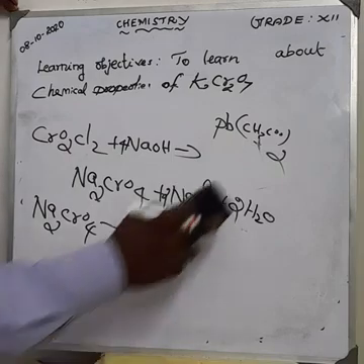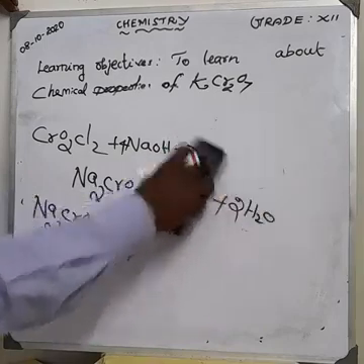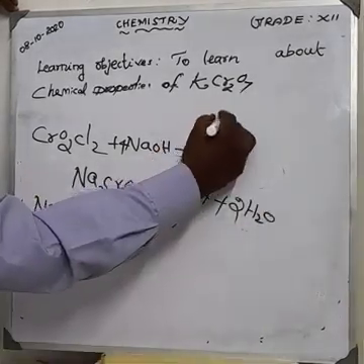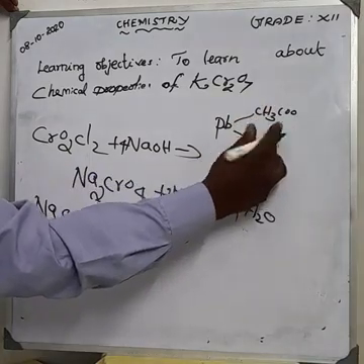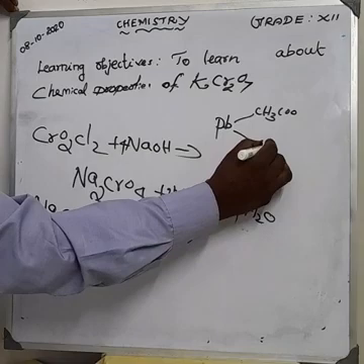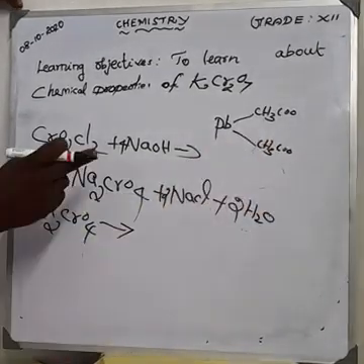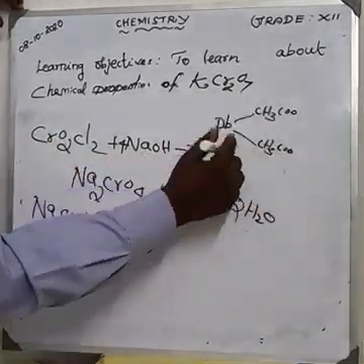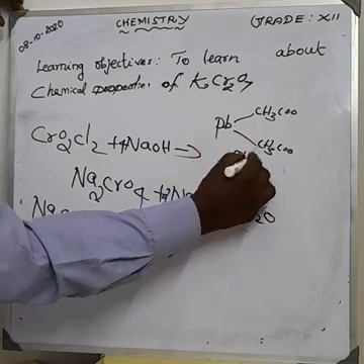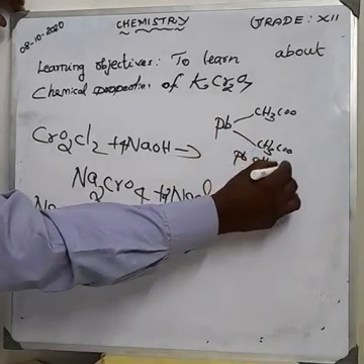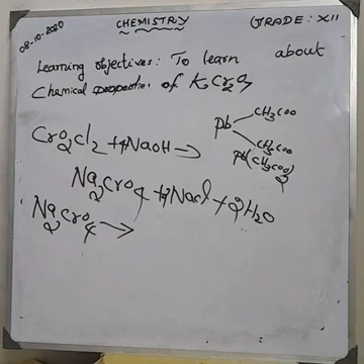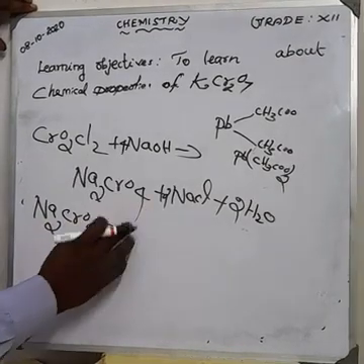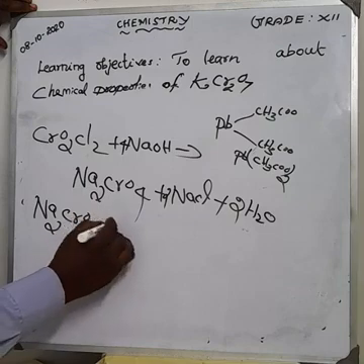The structure is like that: Pb with CH3COO, CH3COO. This is acetate, 2 acetate. This is about the lead acetate. So we are adding lead acetate here.